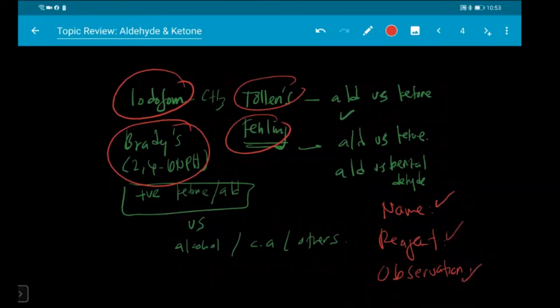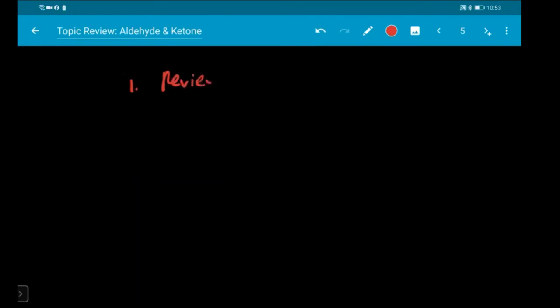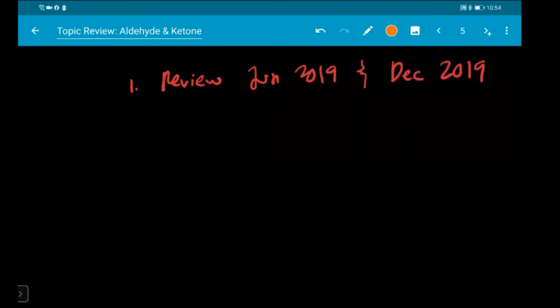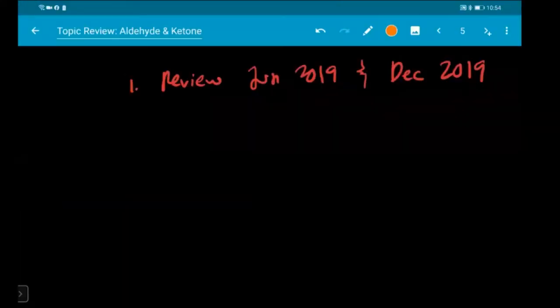Okay, in short, in summary for our meeting today kita ada bincangkan satu, review soalan June 2019 and also December 2019. Secondly, we talk about the iodoform test.